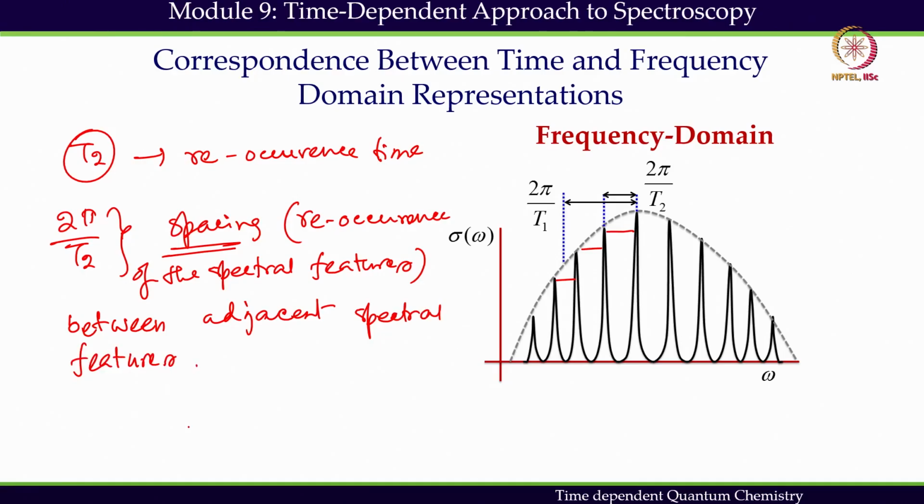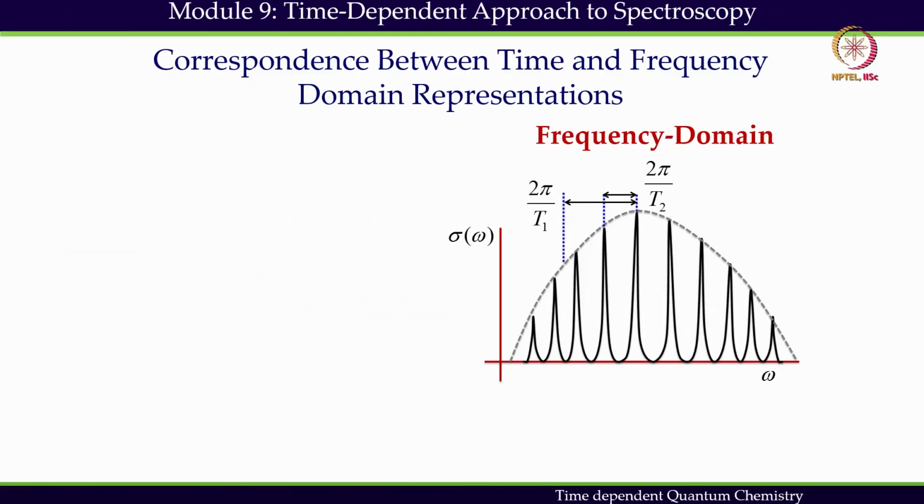So this is what we have shown. This arrow, this spacing, is going to represent 2 pi by T2. So it is showing the reoccurrence of the spectral features. But reoccurrence is terminology we use in the time domain. In the frequency domain we call it the spacing, how the spectral features are separated.